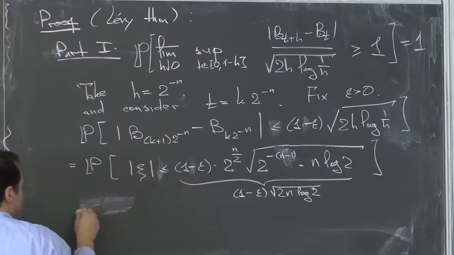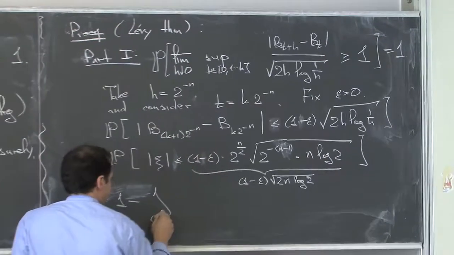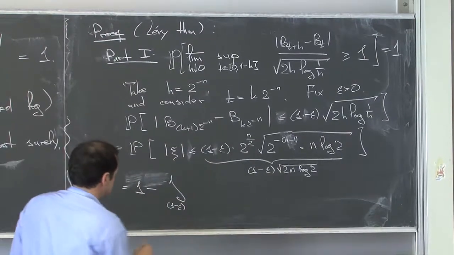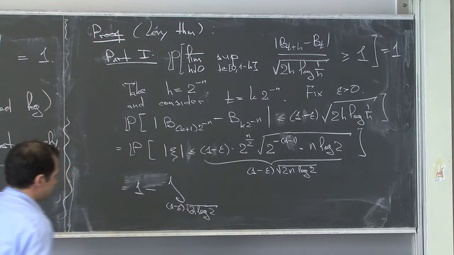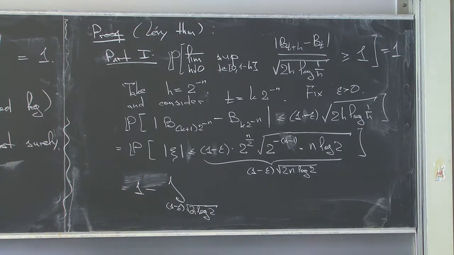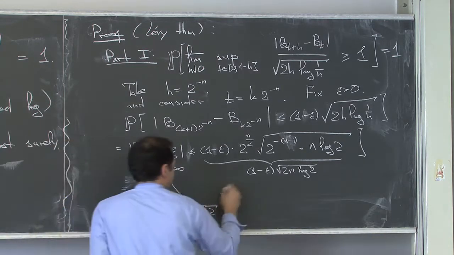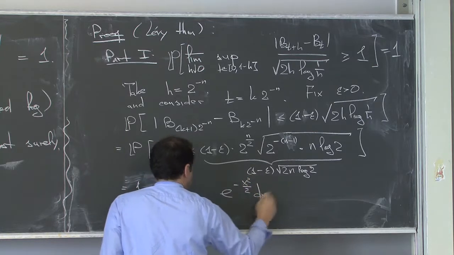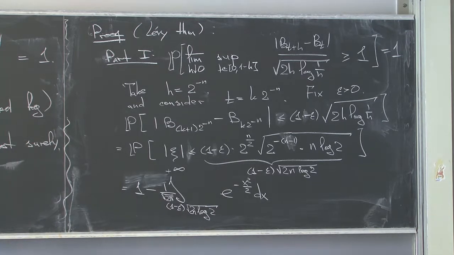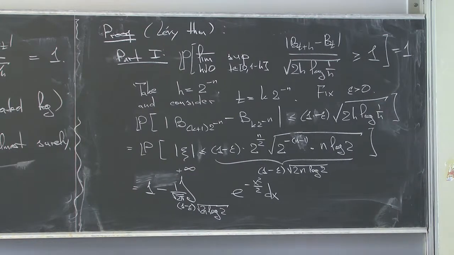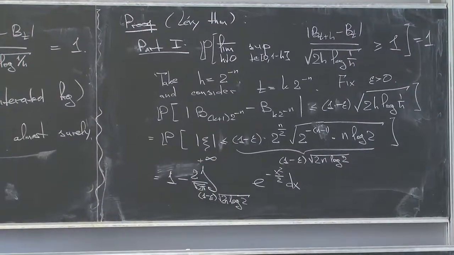So this is 1 minus the integral from this to n log 2 to infinity of the density. And probably I'm losing a constant here again. Here it must be 2 because there are 2 tails. Okay?